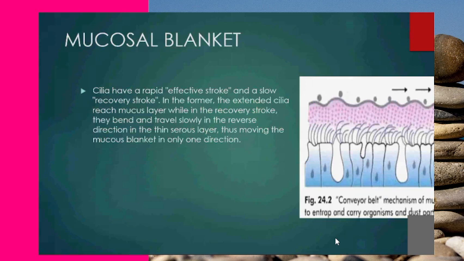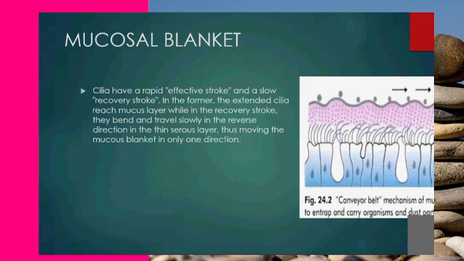One is the gel phase, another one is the sol phase. Gel phase is nothing but the mucous layer. Sol phase is nothing but your serous layer. This gel phase is the outermost area. This sol phase is in contact with the tip of the cilia.